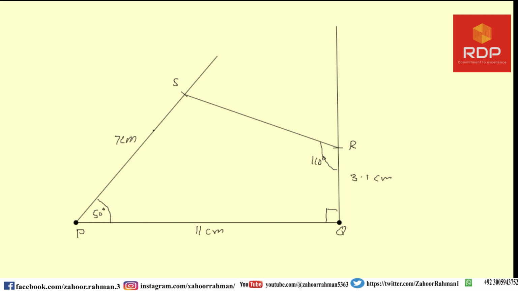Now next they are saying construct a line parallel to PR that passes through S to meet QR produced at U. So we have to draw a line parallel to what? To PR.